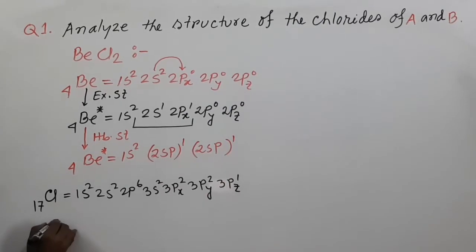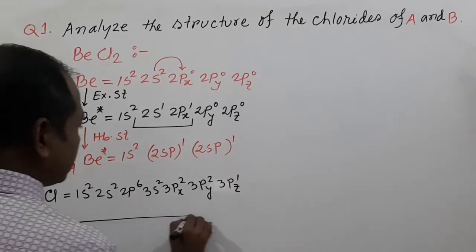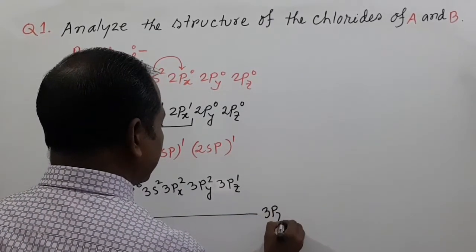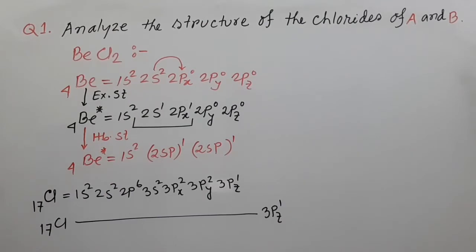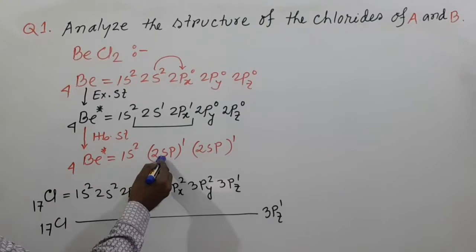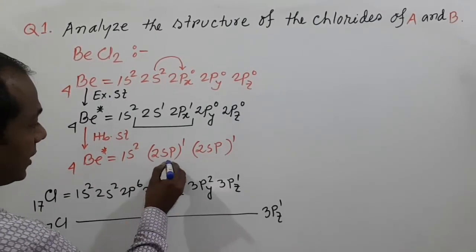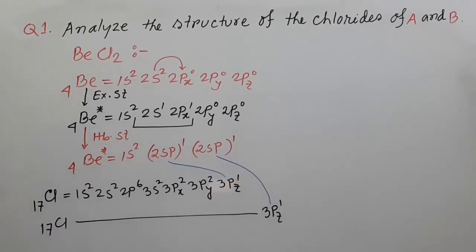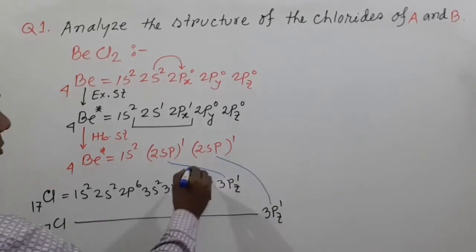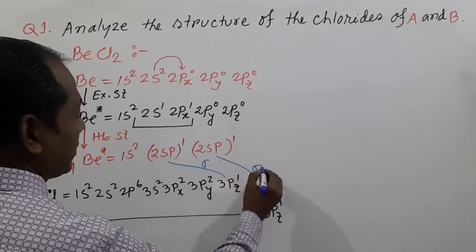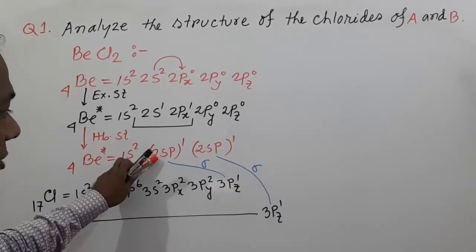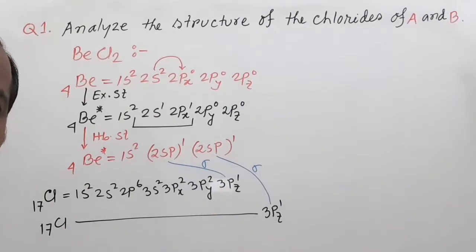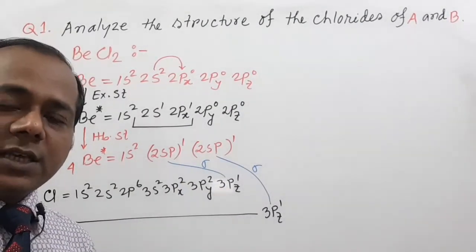My dear students, two chlorines are present, so we write another chlorine 3pz1. So this sp hybrid orbital now overlaps with the 3pz1 orbital, face to face overlap occurs here, and they form two sigma bonds. My dear students, if a hybrid and a non-hybrid orbital overlap, then a sigma bond forms.